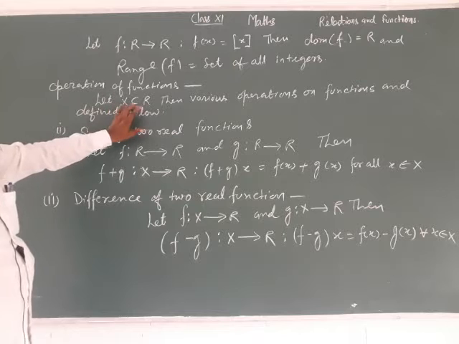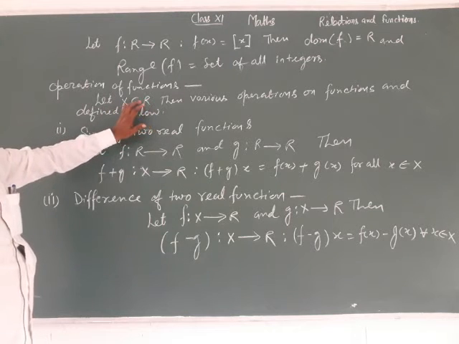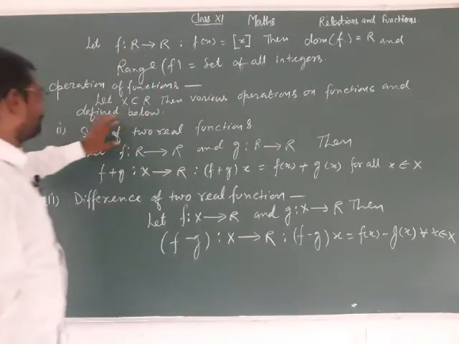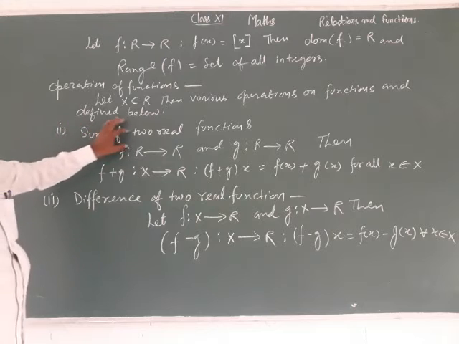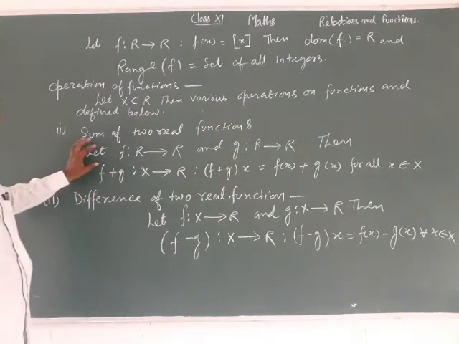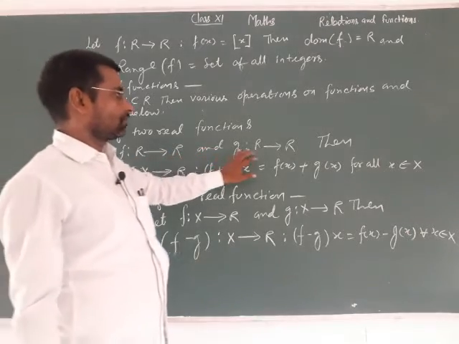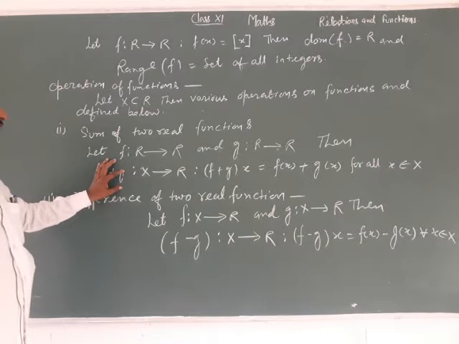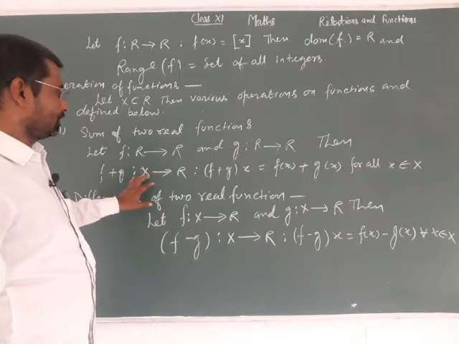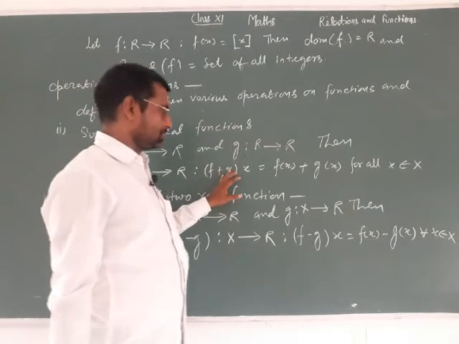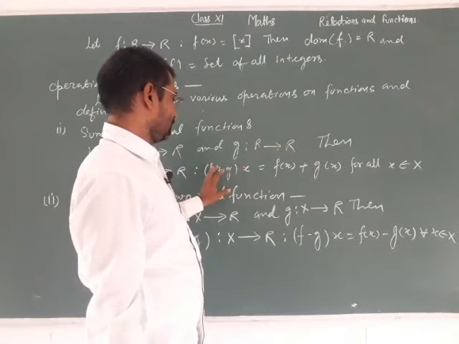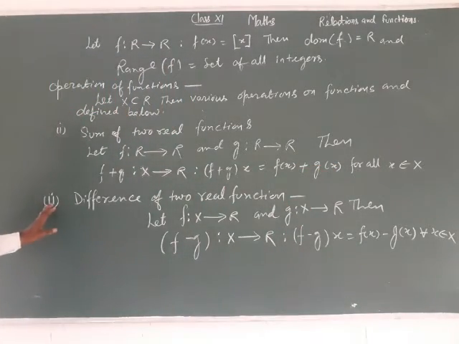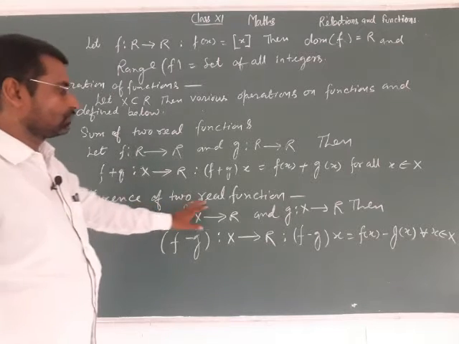Operations on functions. Let X be a subset of R. Then various operations on functions are defined below. First, sum of two real functions. Let f from X to R and g from X to R, then f + g is the addition of two functions from X to R, such that (f + g)(x) = f(x) + g(x) for all x belonging to X. Second, difference of two real functions.